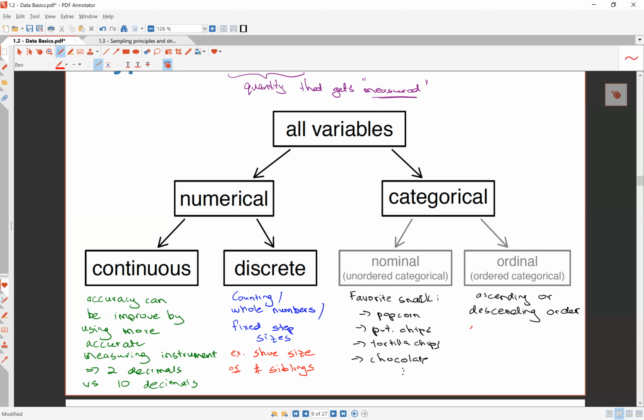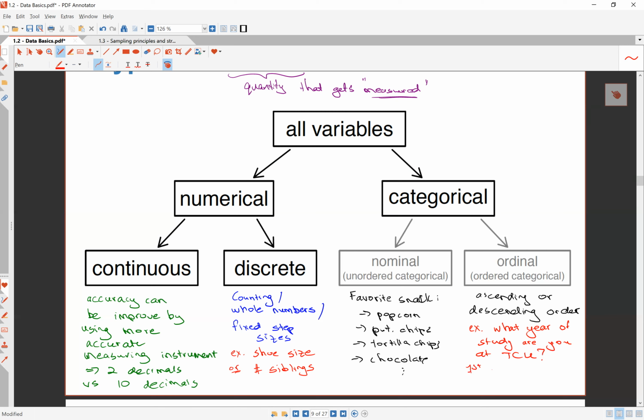an example here might be someone might ask, what year of study are you at TCU?